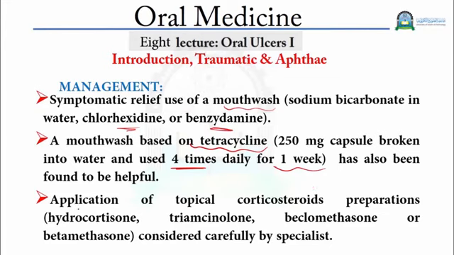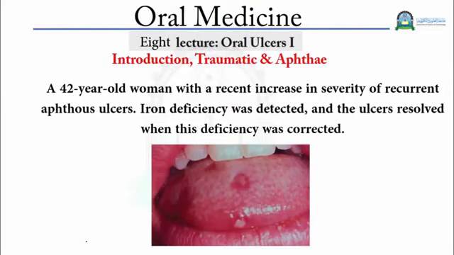Application of topical corticosteroids is also very important in managing the lesions, such as hydrocortisone, triamcinolone, betamethasone, as well as beclomethasone. All these corticosteroids can be used to treat recurrent aphthous stomatitis.